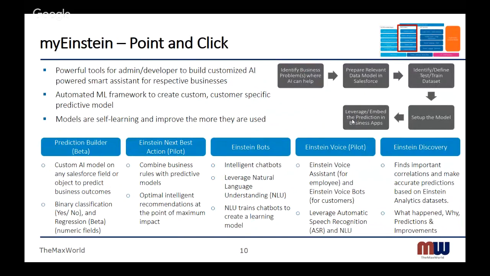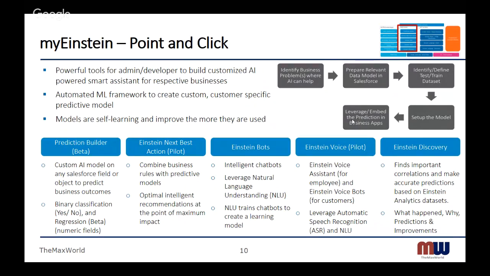We talked about lead, right, or opportunity in the previous slide. So Salesforce is already providing some model which can traverse through all the lead information, opportunity information, and give you back the right prediction. But let's say you want to have some prediction or some algorithm to run some kind of smart decision making on a custom object.